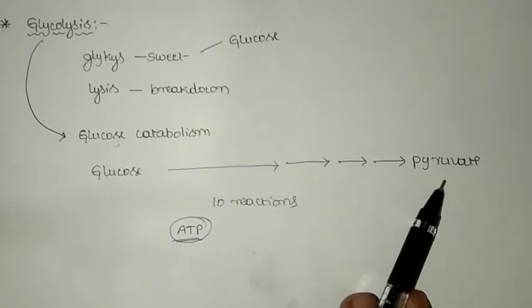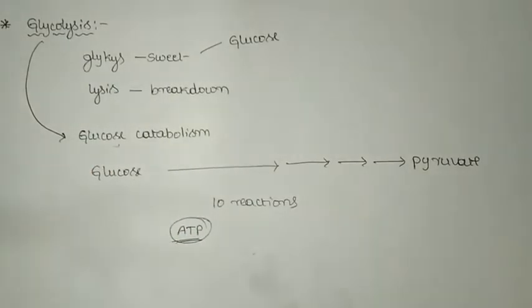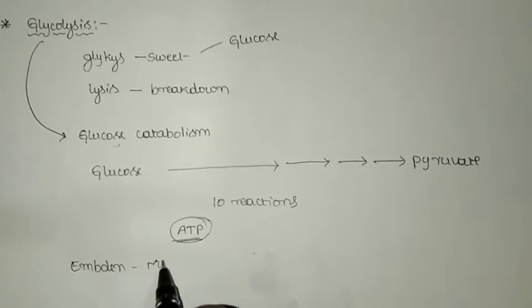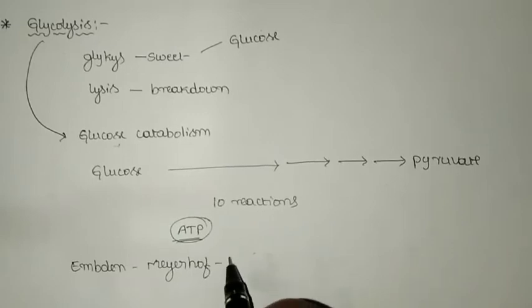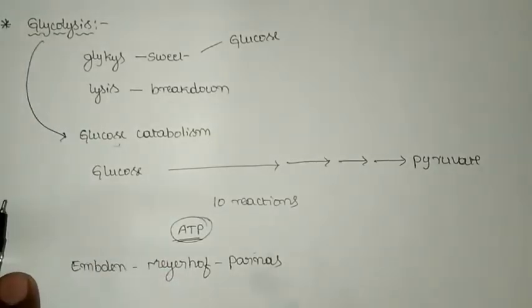The detailed mechanistic pathway, the detailed reactions of glycolysis, was clearly explained by three scientists: Emden, the second person Meyerhoff, and the third person Parnas. These are the three scientists who gave a very good contribution in explaining the reactions of glycolysis.